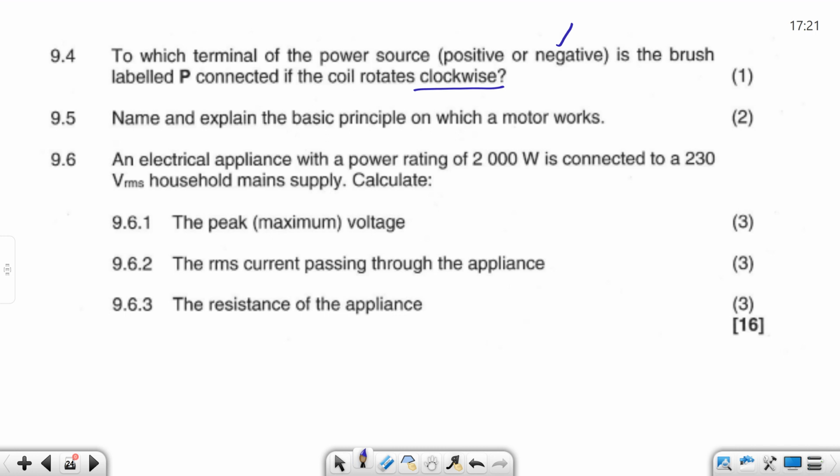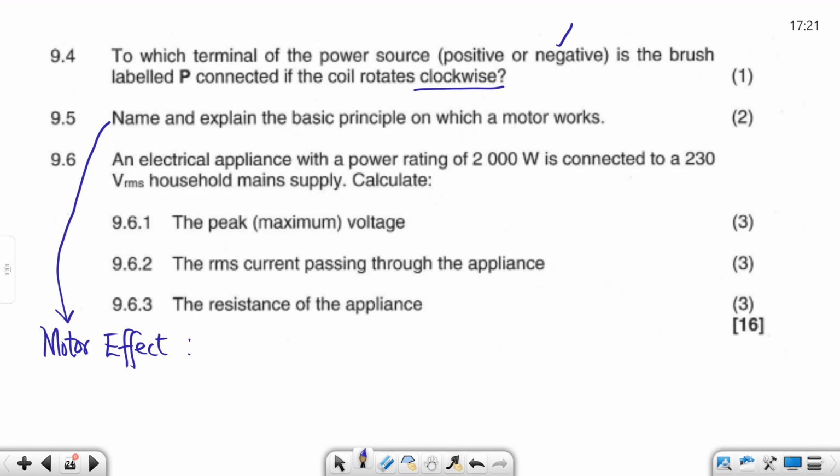All right. Name and explain the basic principle on which a motor works. Motor works on the principle called the motor effect. Generators work on the principle called electromagnetic induction. Motors work on the principle called the motor effect. And how does this work?